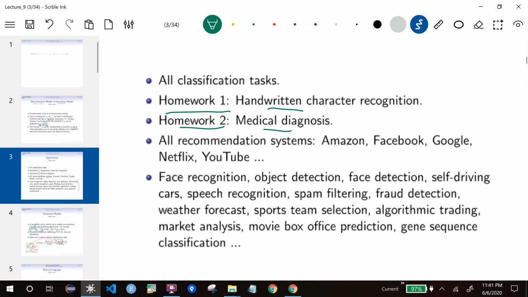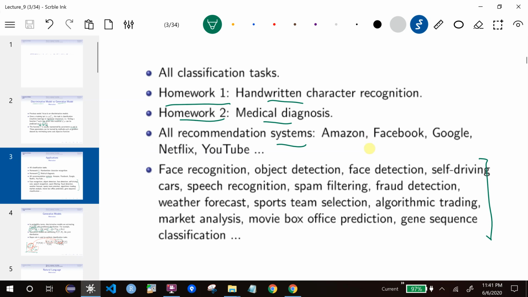And of course, all the recommendation systems, you can see those as based on the features of a person: do you recommend this or do you not recommend this, and so on. You have a lot of data on the rating from each person with different features, for example. And there are, again, lots and lots of applications. I'm not going to go through each one of them, but you can go through it and figure out how they are related to the classification tasks.